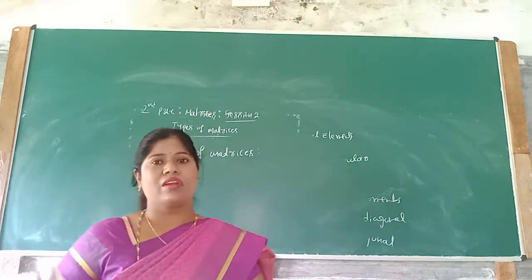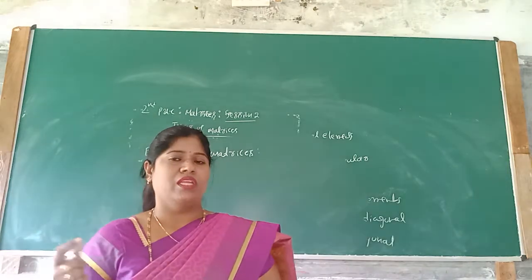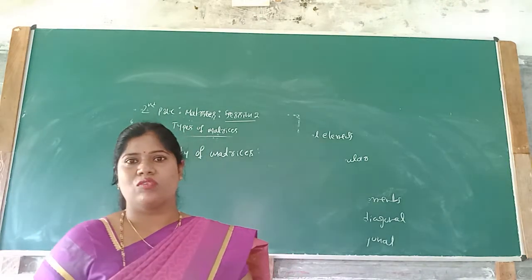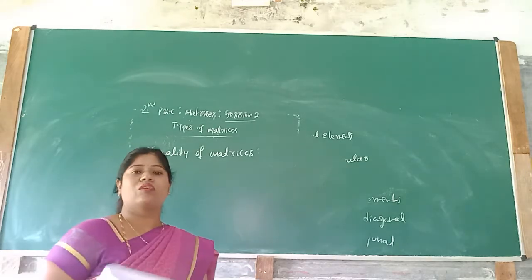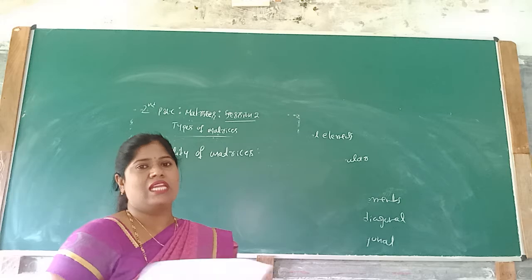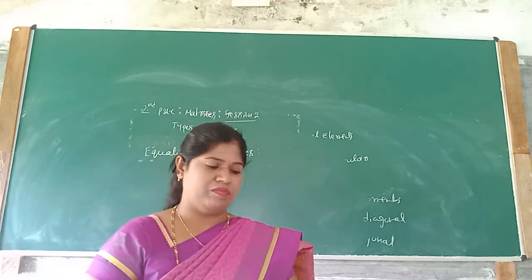It should be the same order and the elements are also the same. Then only it is called A is equal to B. Two matrices A and B are said to be equal if and only if they have the same order and the elements are also the same.